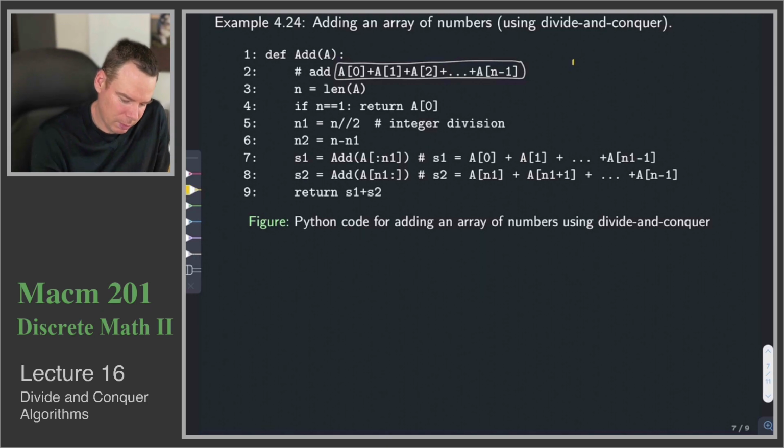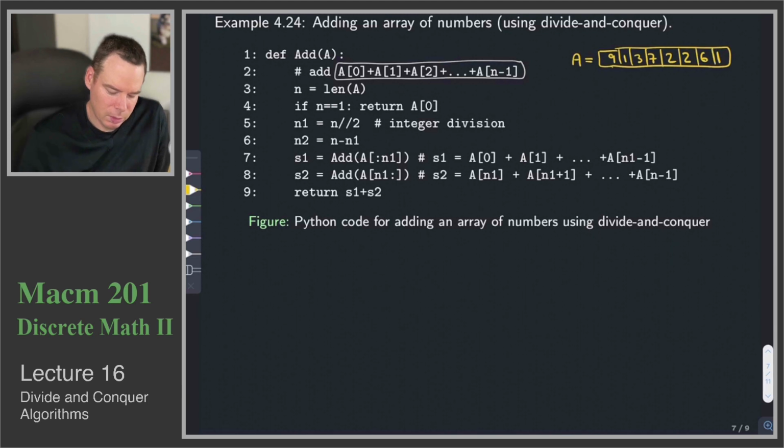Let's look at an example of how our algorithm is going to work. We've got an array: 9, 1, 3, 7, 2, 2, 6, 1. Let's say that is our array of numbers that we wish to add up. So there are 8 numbers there.